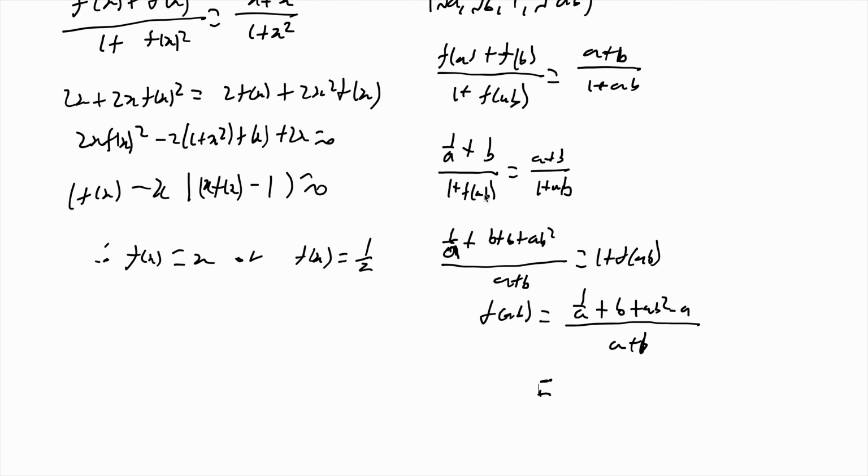One over a plus b. I think I did it correctly. 1 over ab, ab squared plus 1 minus 1. I didn't make any mistake till now. Okay.